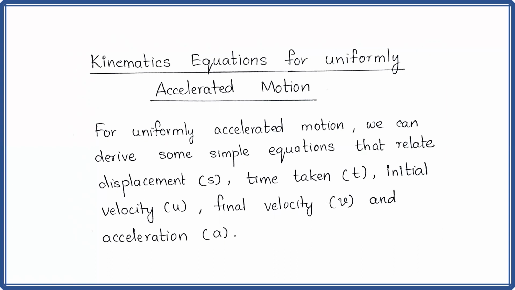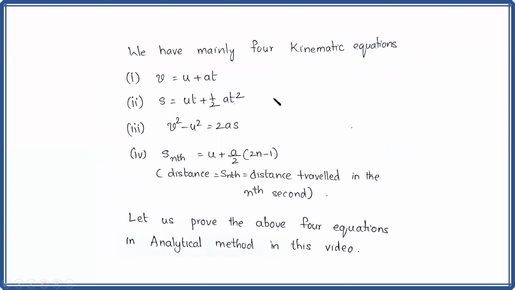These equations relate displacement S, time taken T, initial velocity U, final velocity V, and acceleration A. So these are the various terms which we will be using in this topic: displacement, time taken, initial velocity, final velocity, and acceleration.